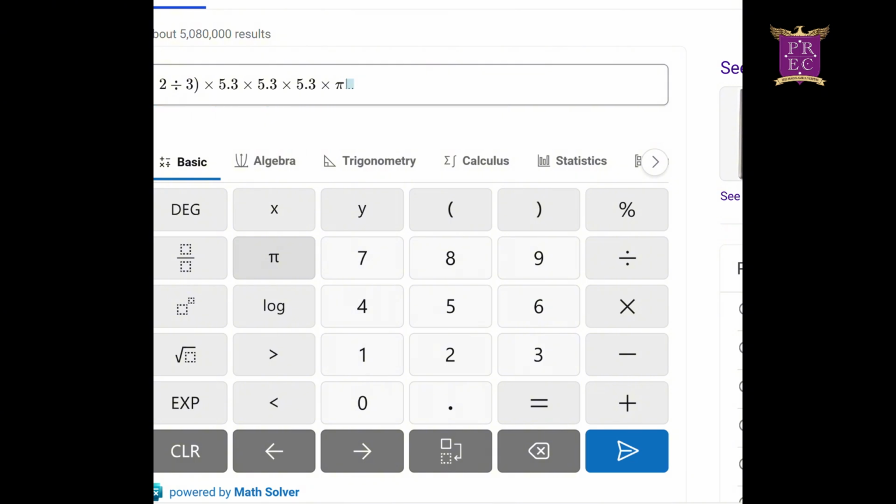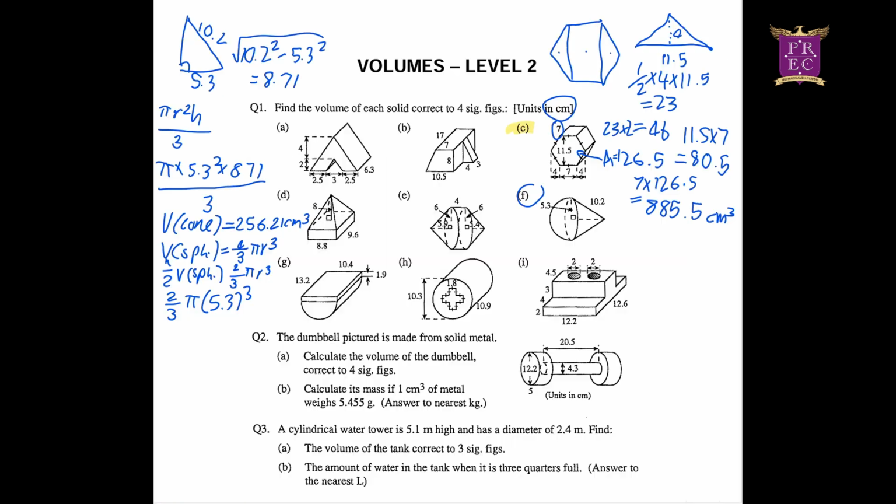Alright, let's see what it gives us. Gives us 311.80, let's see if we got that, 81, because we need to round it to 2 decimal places. So we get 311.81 cubic centimeters.